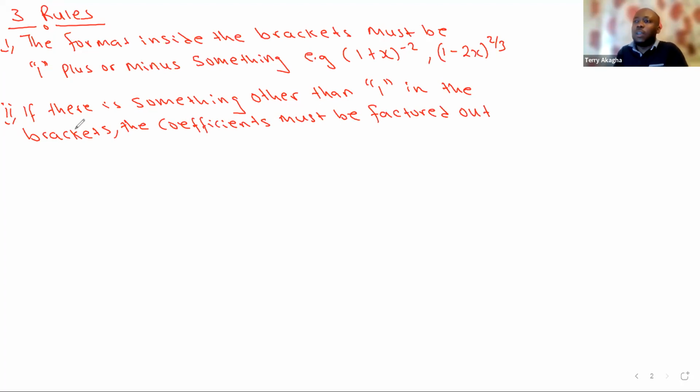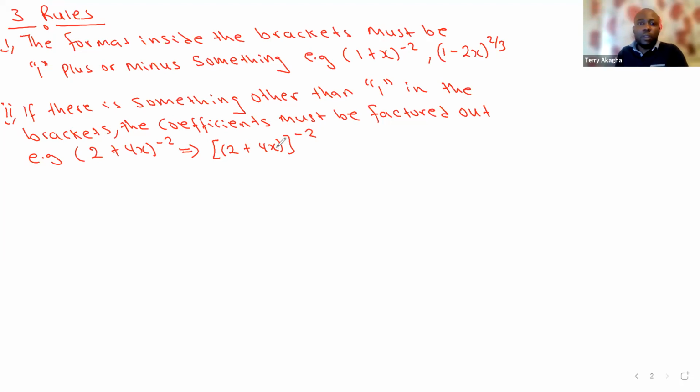So for instance, let's say we have 2 plus 4x raised to the power minus 2. So I can factor this and rewrite it as 2 plus 4x raised to the power minus 2.